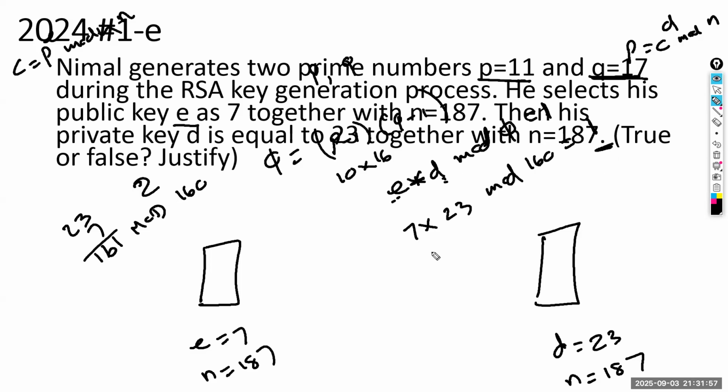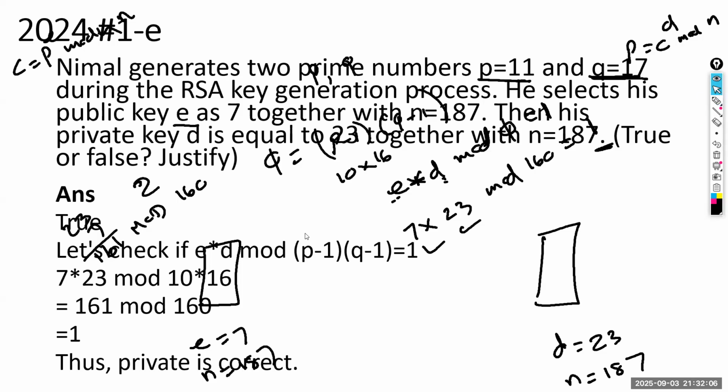So therefore, these are valid. These are properly selected E and D values. That's all. So thus, these public and private keys are correct. You just need to go with the theory. So remember how you started.